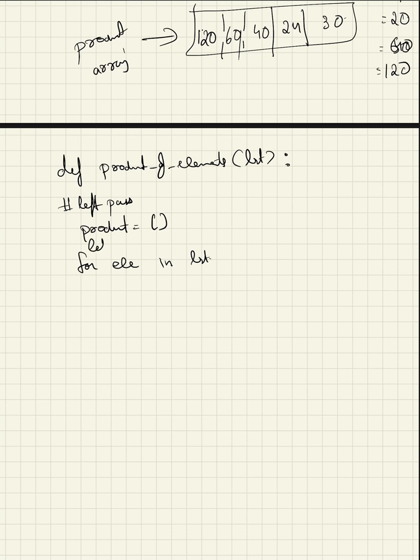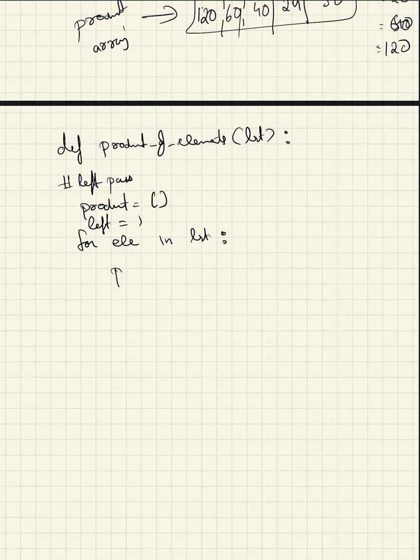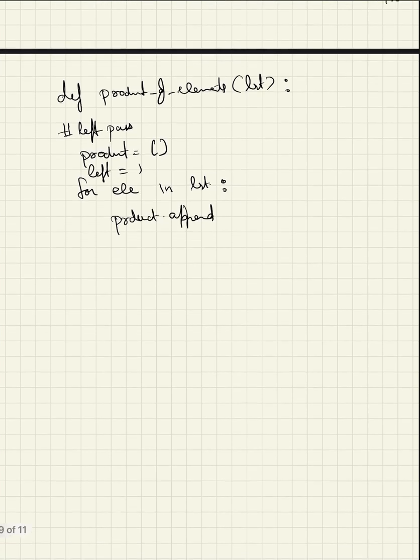I also need to assign a value called left, which will be set as 1. And what I'm going to do is product dot append of left, and then left times equal to element. So this entire part is my left pass.